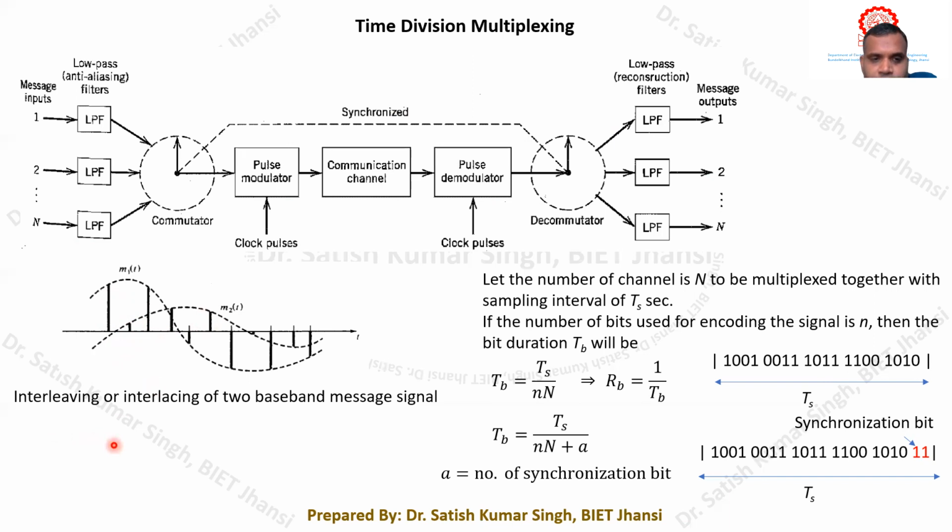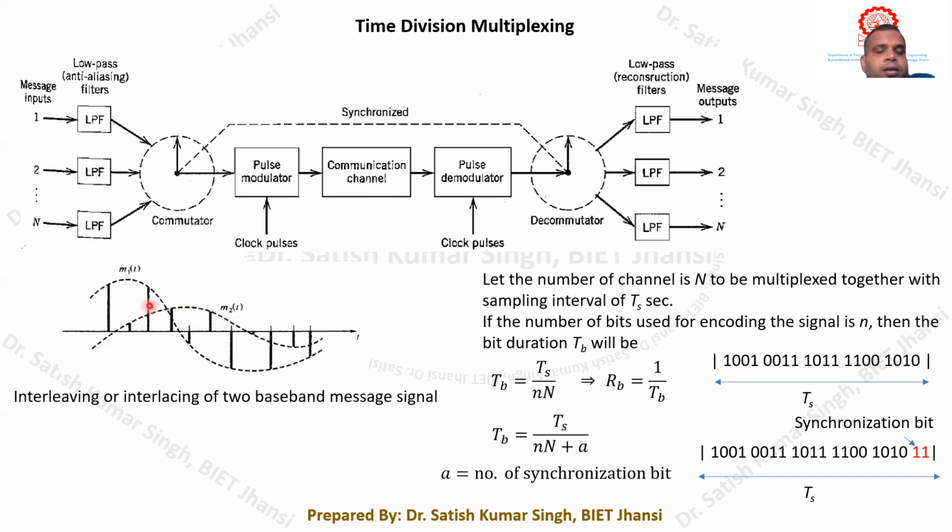First we take the sample of M1(t), and after a certain amount of time the next sample is taken from M2(t). Then again we take the sample of M1(t), and then again the sample from M2(t).